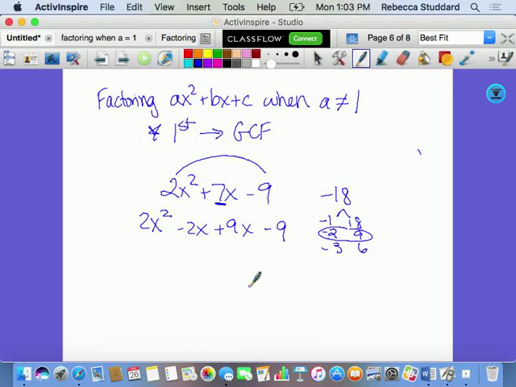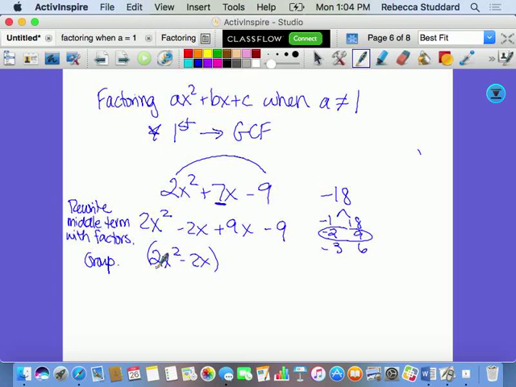Since it's 7x, I have to put an x with both of them, since we want them to add up to 7x. And then we do grouping. So rewrite the middle term with our factors, and then our last step is to group.